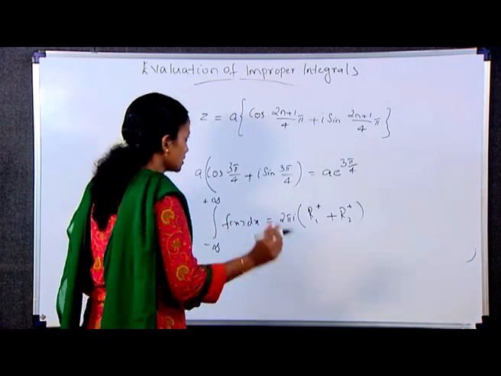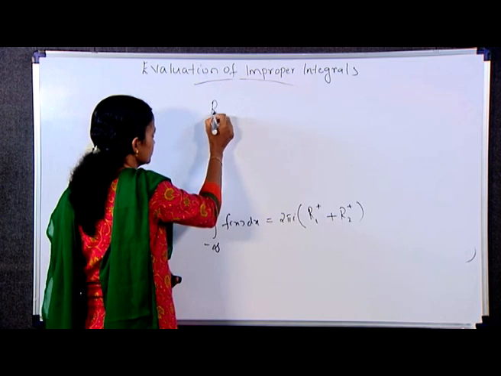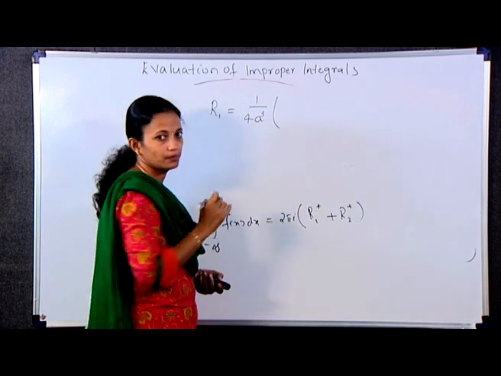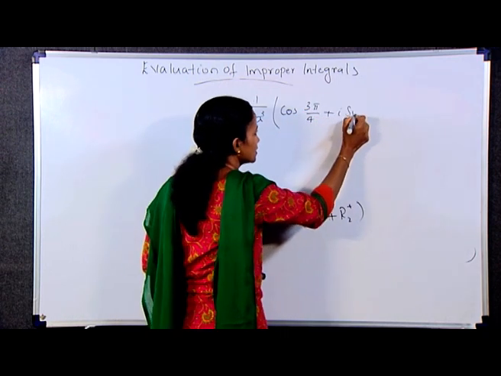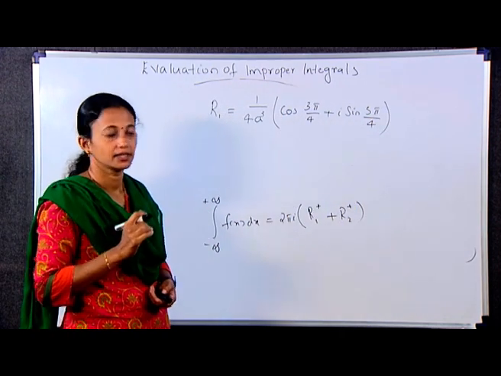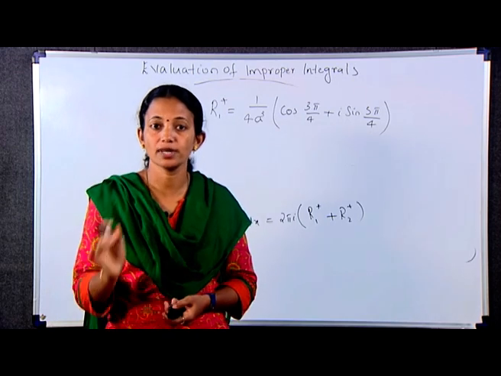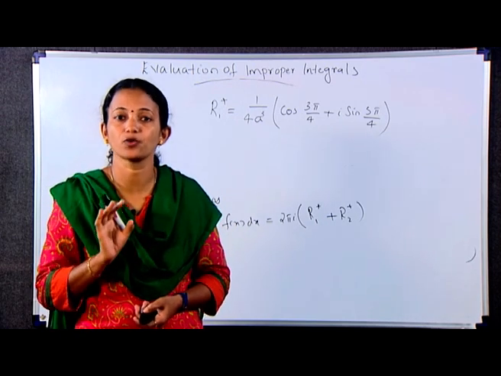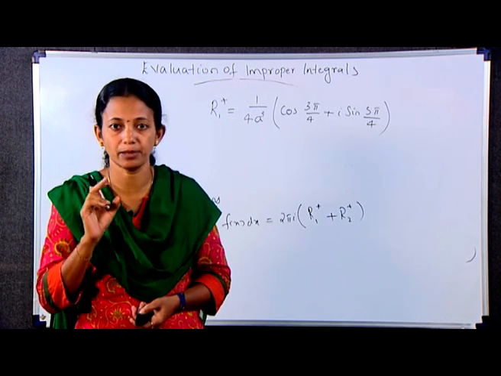Its value is, that is, this R1 is equal to 1 by 4a cube into cos 3 pi by 4 plus i sin 3 pi by 4. Similarly, R2 is equal to the residue at z is equal to a into cos 3 pi by 4 plus i sin 3 pi by 4 of 1 by z raised to 4 plus a raised to 4, which is equal to 1 by 4a cube into e raised to i 9 pi by 4.